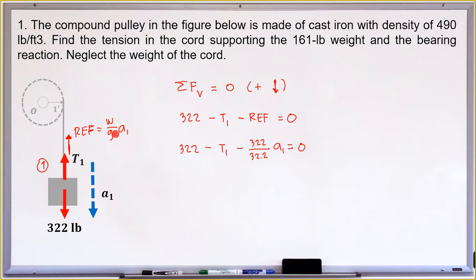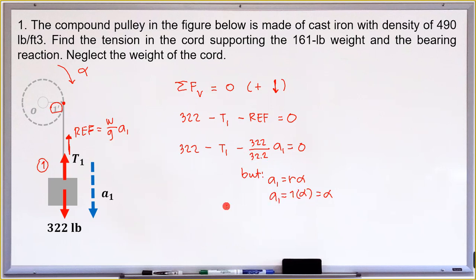However, we can still modify our acceleration 1 in terms of the angular acceleration alpha, because the acceleration of this block and the acceleration at this point tangent to the smaller circle of the compound pulley have the same linear acceleration. The relationship is A1 equals the smaller radius times alpha. The smaller radius is 1 foot, so that is 1 times alpha, or simply alpha. Therefore, the first acceleration is alpha.